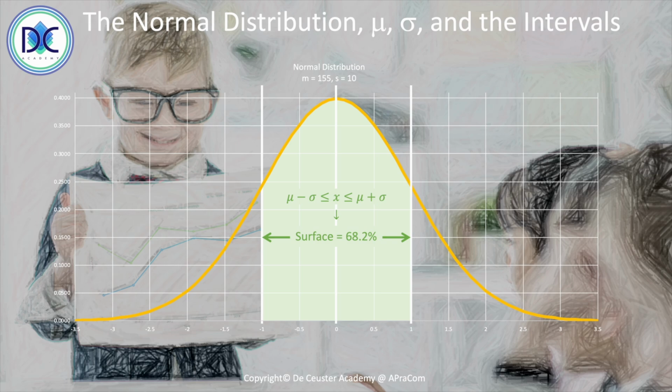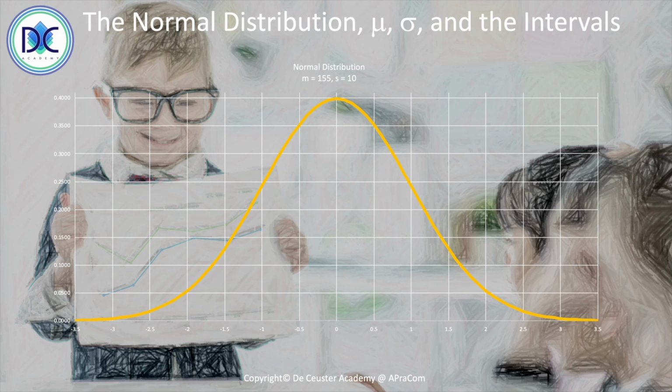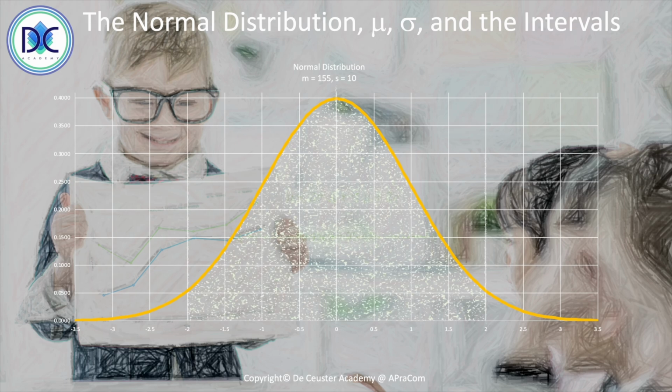And the first interval is between -1 and 1 standard deviation. So in this case, we will be looking at a value of x between 145 and 165. So this means that the surface between those two borders is equal to 68.2%. We can do that also for 2 standard deviations.